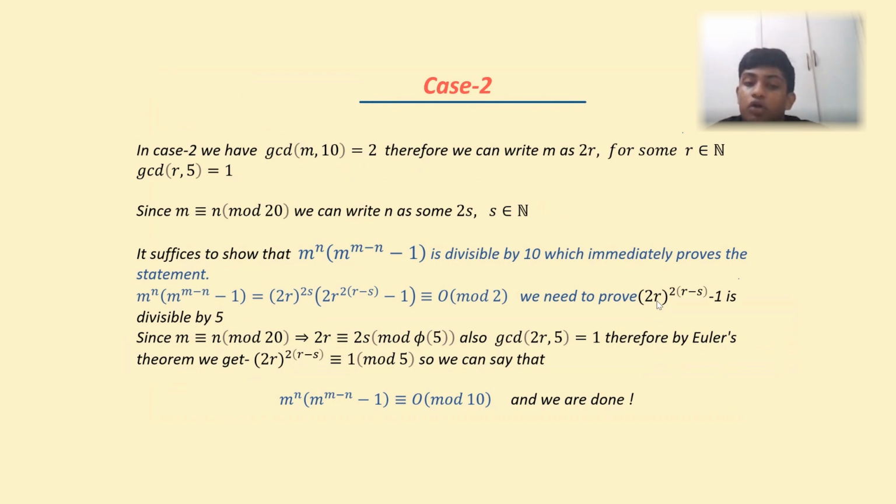Also, 2r is congruent to 2s mod phi of 5, which is 4. And also, GCD of 2r and 5 equals 1. So therefore, by Euler's theorem, we can easily say that (2r) to the power 2(r minus s) is congruent to 1 mod 5. Or we can say that m to the power n times m to the power m minus n minus 1 is divisible by 10. And we are again done.